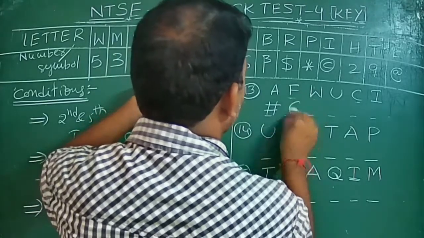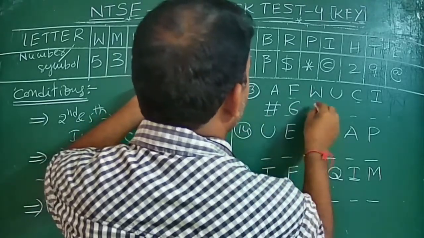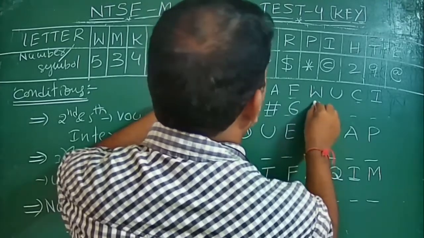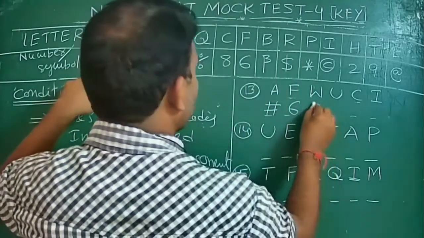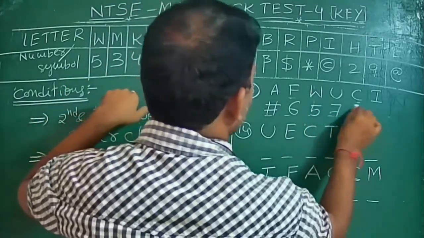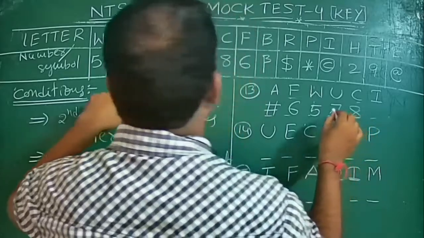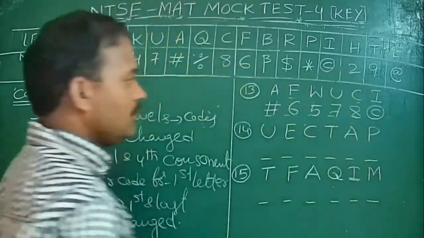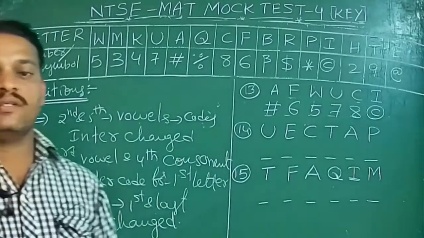F is nothing but 6, and B is nothing but B, and W is nothing but 5, and code of U is 7, C code is 8, and I code is C circle. Okay, so that is about the 13th one.